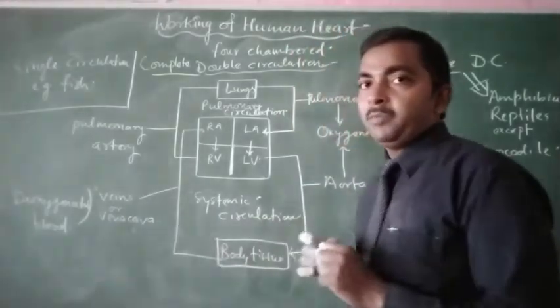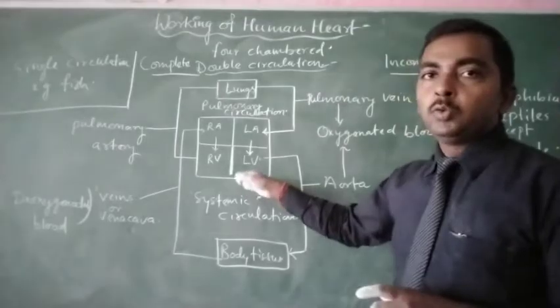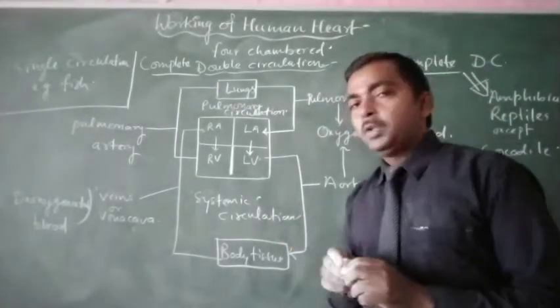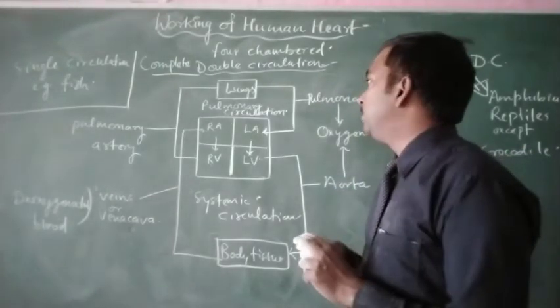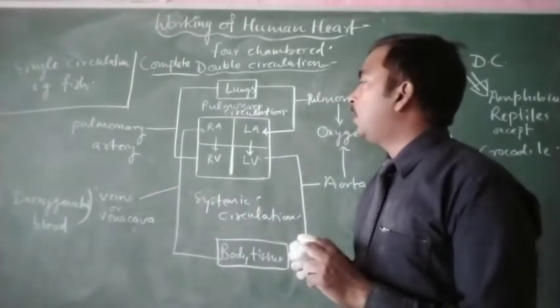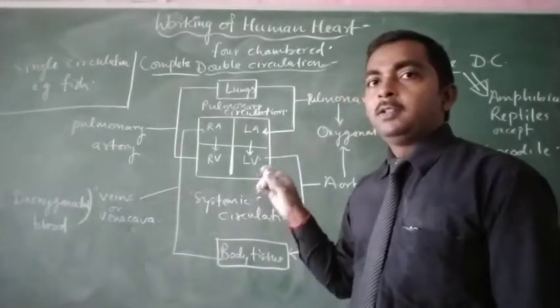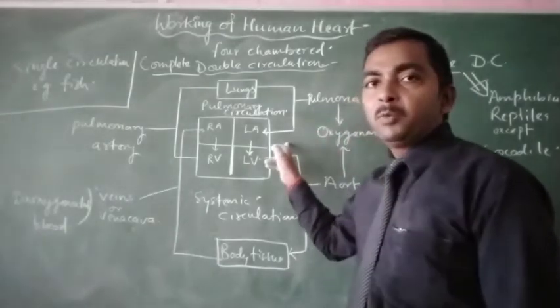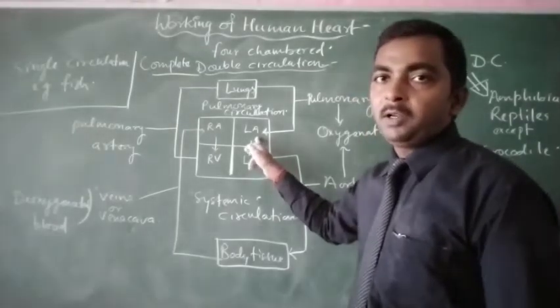So here some questions also arise related to the different chambers of the heart, that is, which chamber of the heart receives oxygenated blood from the lungs. From the lungs, the oxygenated blood is carried through the pulmonary veins, and the pulmonary vein transfers blood to the left atrium or left auricle.